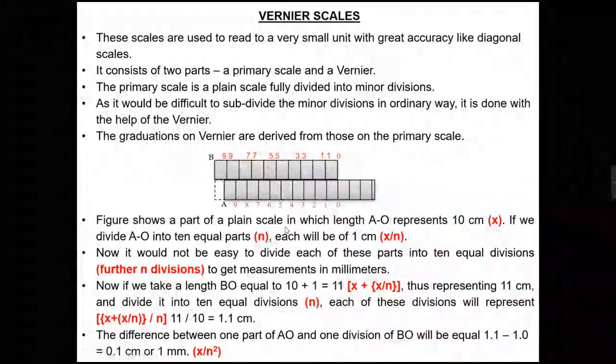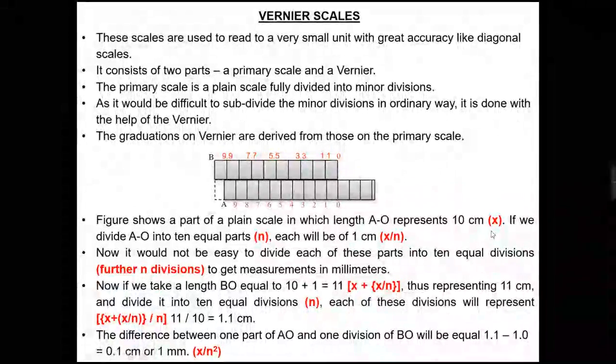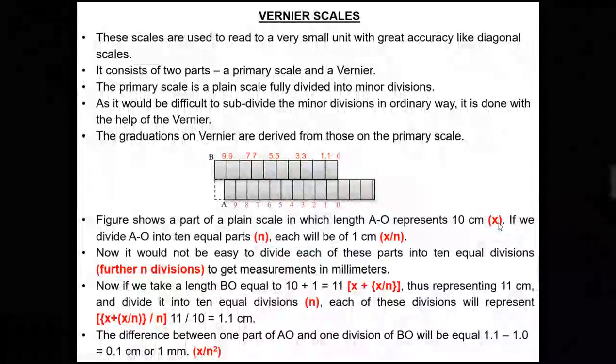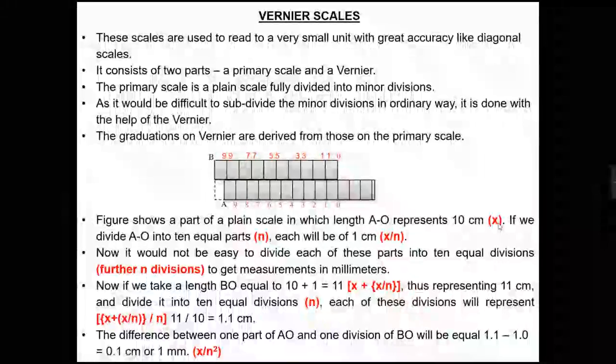The figure shows a part of a plain scale in which length AO represents 10 centimeters. In general, suppose it is X units, because it will not always be 10 centimeters, so you should have the knowledge of the general solution as well.